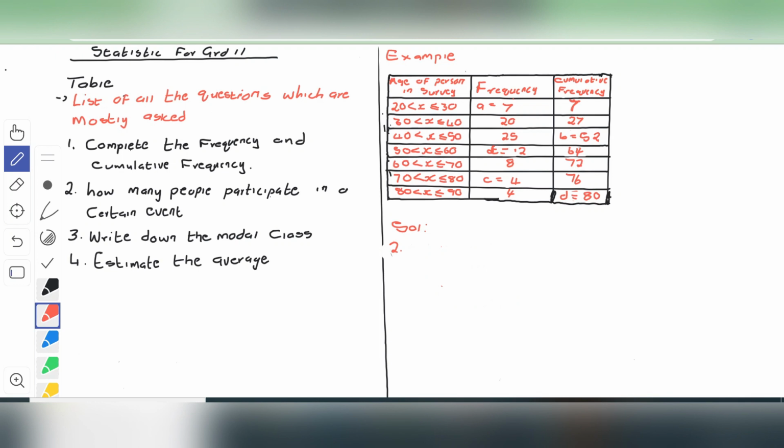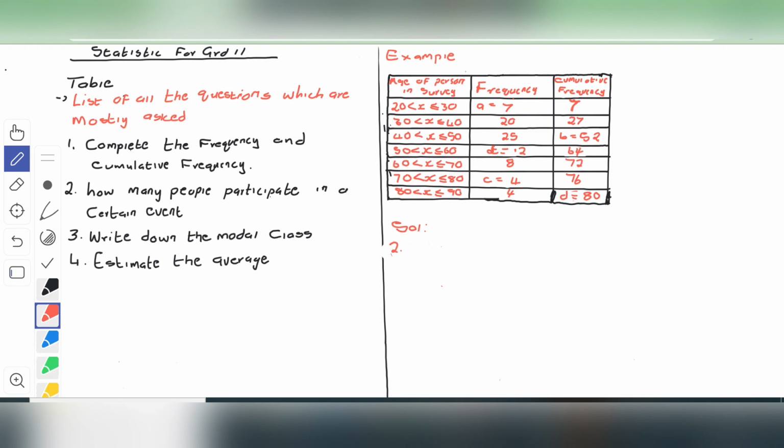Okay, so for question 2, the question says how many people participate in a certain event. So the question will say how many people participate in this survey, right? So how do you get that number, the total one?